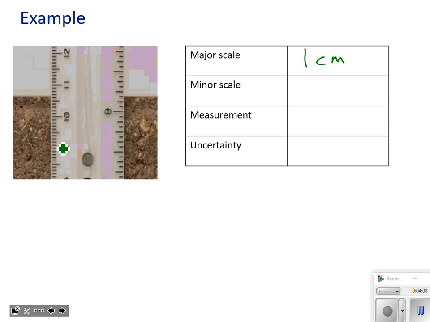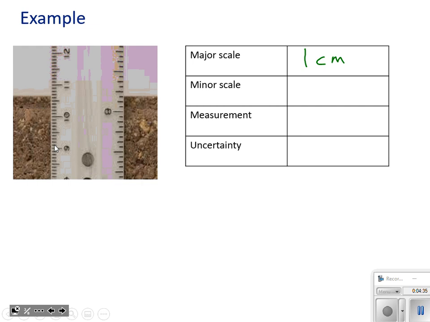Now my minor scale are these little tiny dashes that are in between the major scale. And I look and I say, okay, I have 1, 2, 3, 4, 5, 6, 7, 8, 9, 10. I have 10 markings in between my major scales.